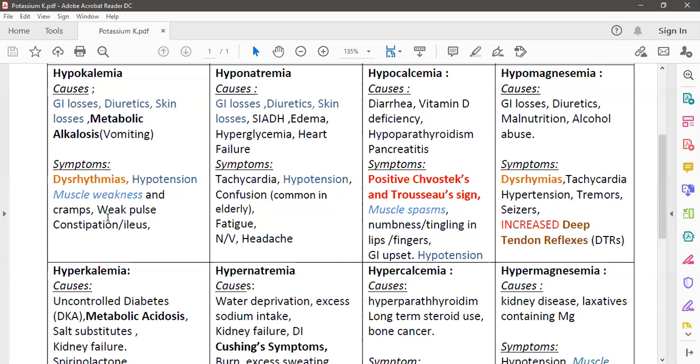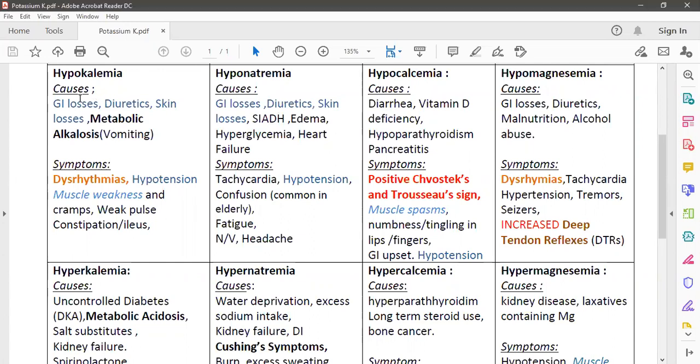When bowel motility reduces, the patient develops constipation. Hypokalemia can also cause decreased deep tendon reflexes. But hypomagnesemia increases deep tendon reflexes, called DTR, while hypokalemia decreases the deep tendon reflexes.